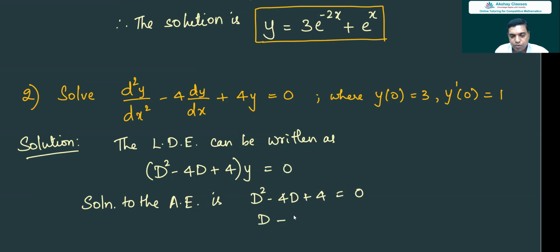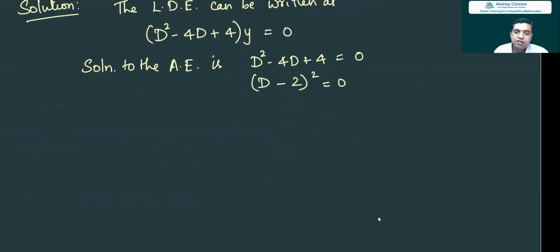This is a perfect square. So d is equal to 2, 2. So real and equal roots.